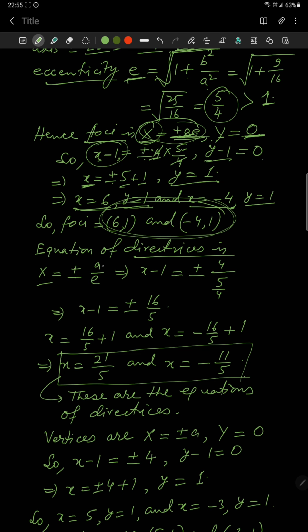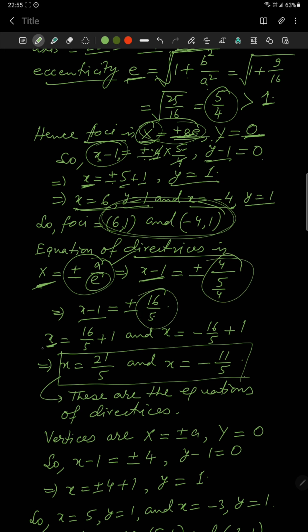Capital X equal to plus minus A by E is the equation of the directrices of the hyperbola. In place of capital X, we can write x minus 1. So after simple calculation, A by E, A is 4 and E is 5 by 4, so the whole thing becomes 16 by 5.